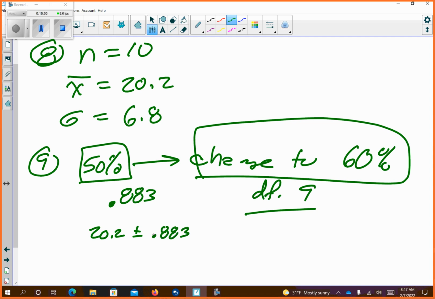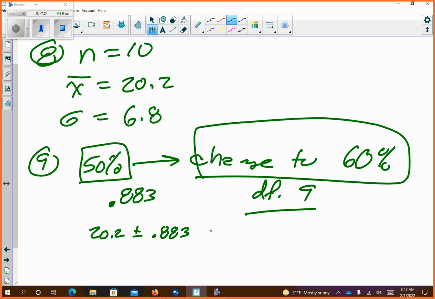Is that right? How do we get the 0.883? It asked for 50%, I didn't have 50%, so I went to 60. So 60% with degrees of freedom 9 is 0.883. Yes, that's right. Good.